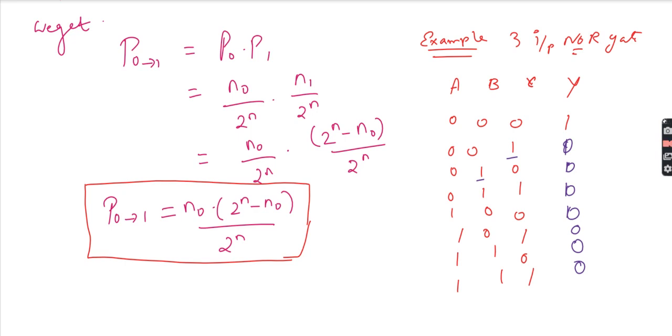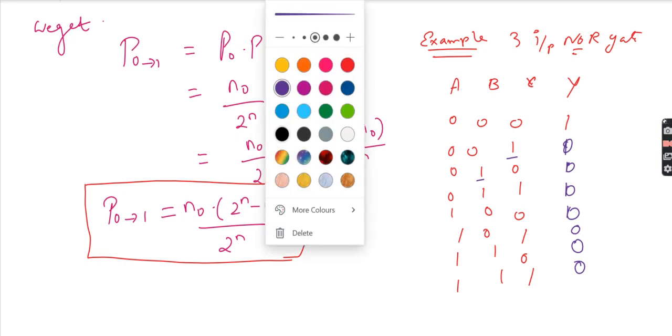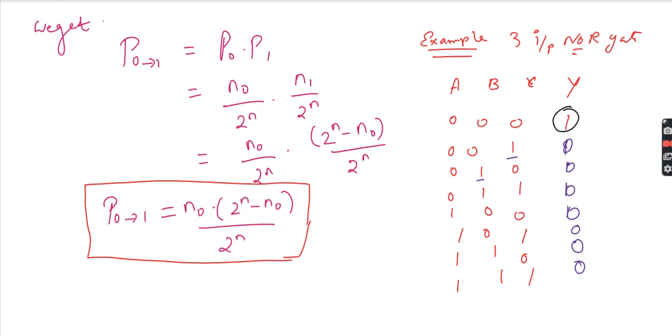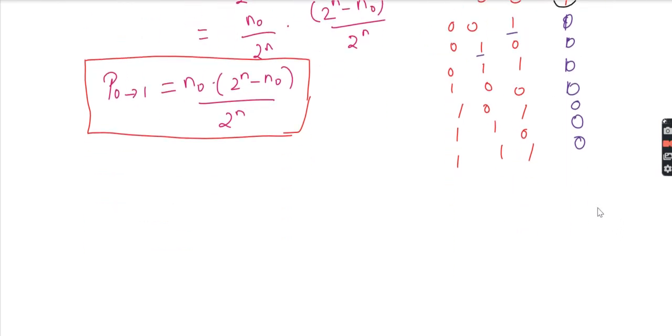So from this, the number of occurrences n0 will be only 1, right? So P0 will be 1 divided by 2 power n, which is 8.